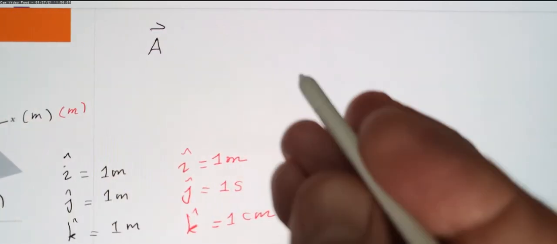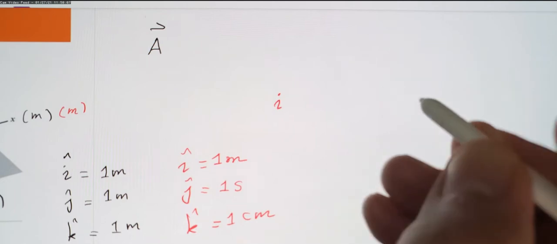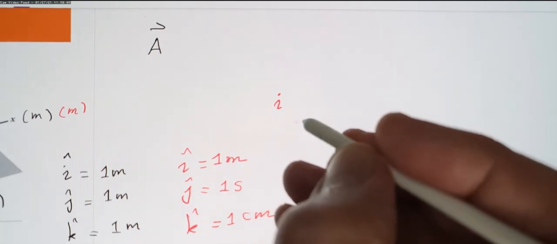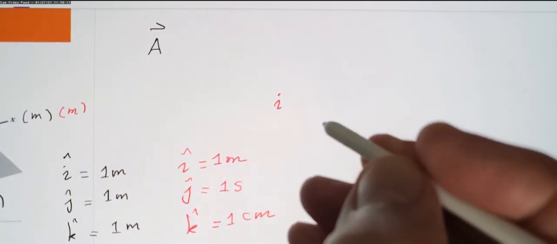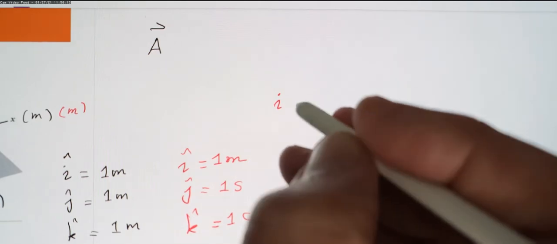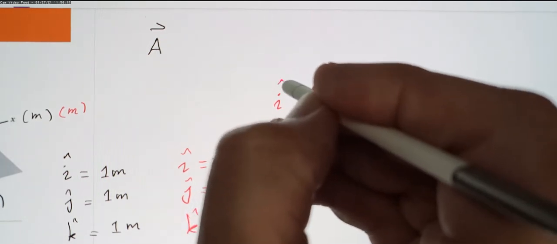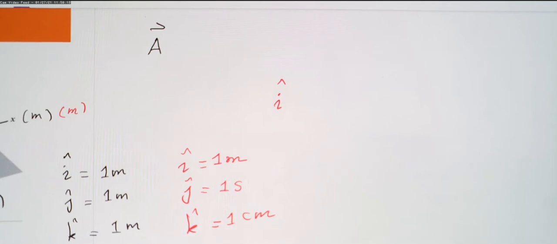We don't write i like this, because somebody will think it's just the letter I or letter J. We always write it i with a cap, and that is a unit vector.